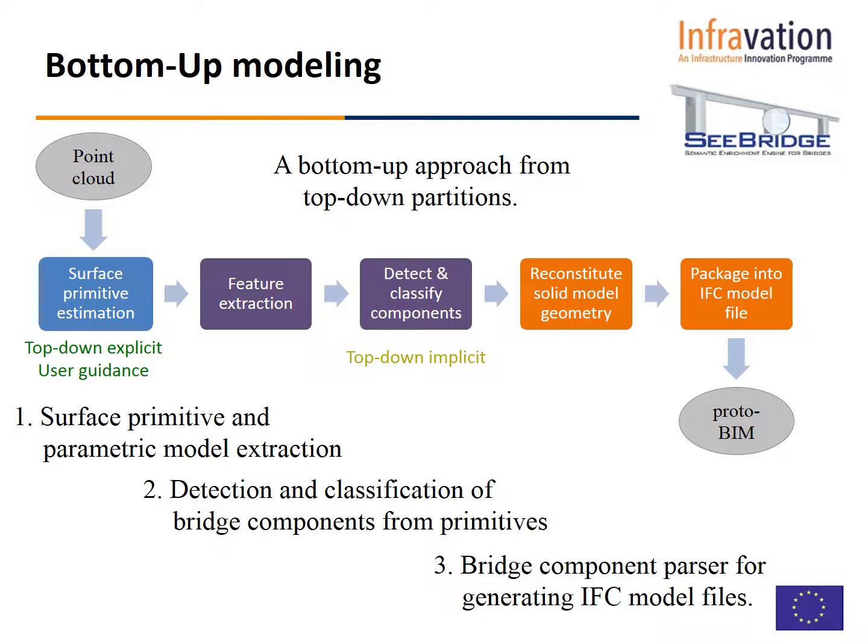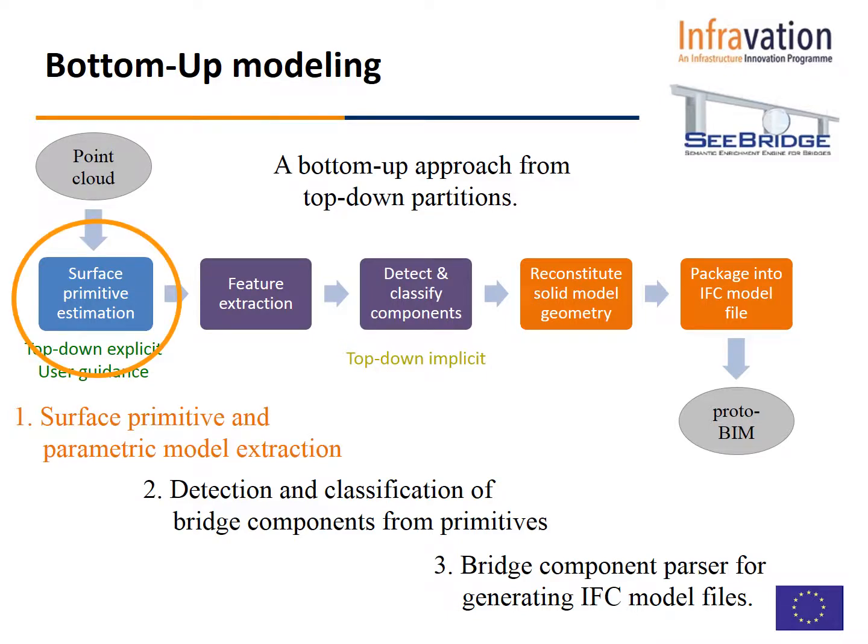That one is taking different chunks and saying, oh, this chunk is this part of the puzzle, and it should be connected to these other chunks. Then the last part is to actually reconstitute the solid model geometry and package it into the IFC model. And that's taking our understanding of what chunks should be connected to what chunks and actually executing that connection process to generate the whole puzzle.